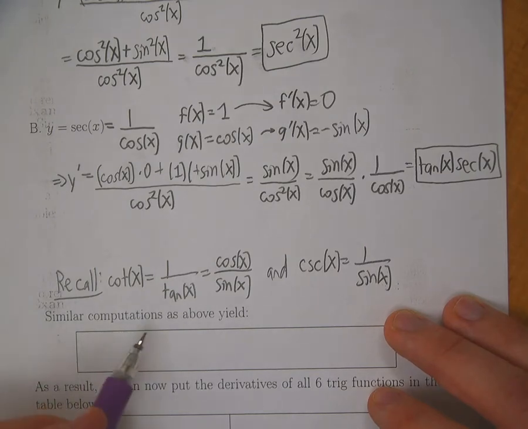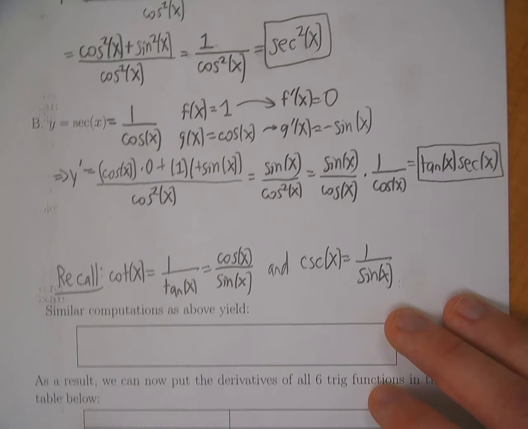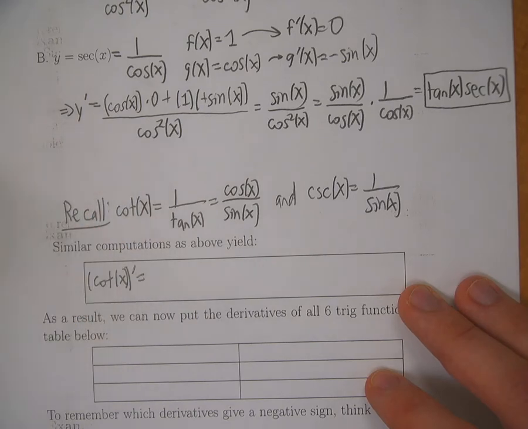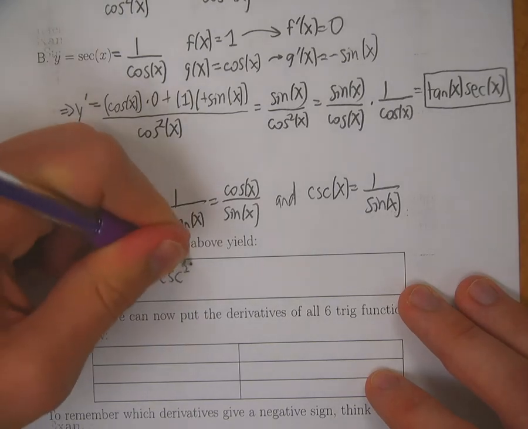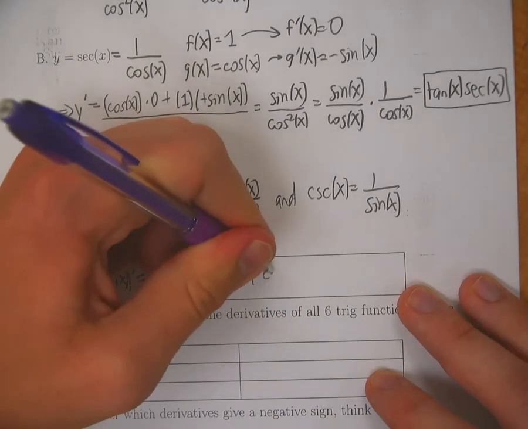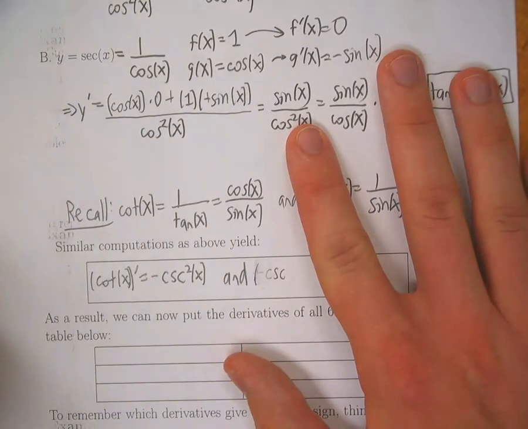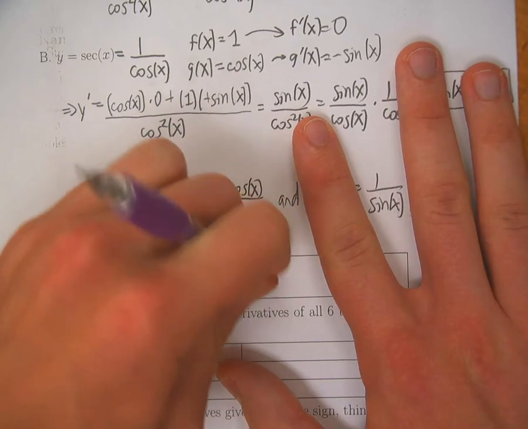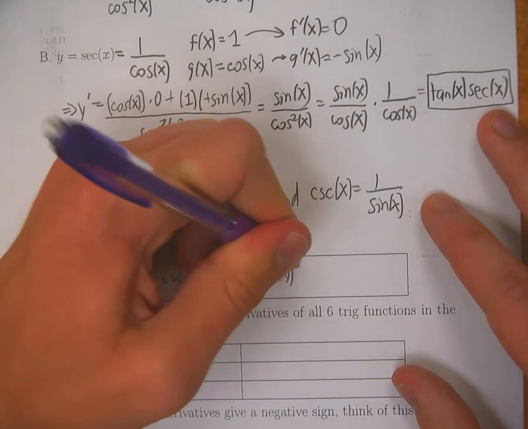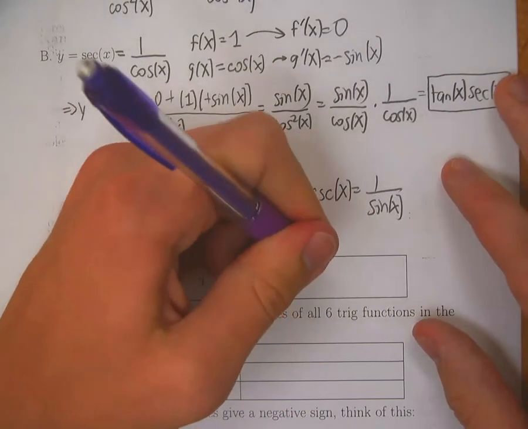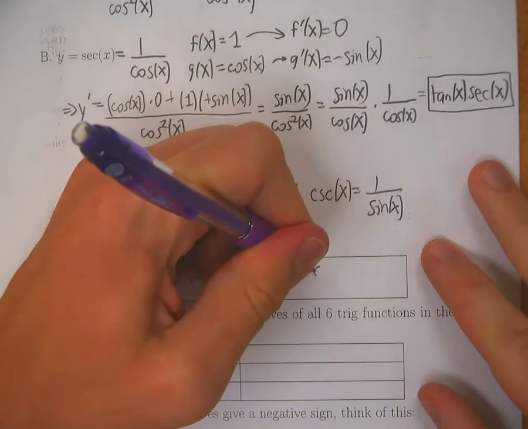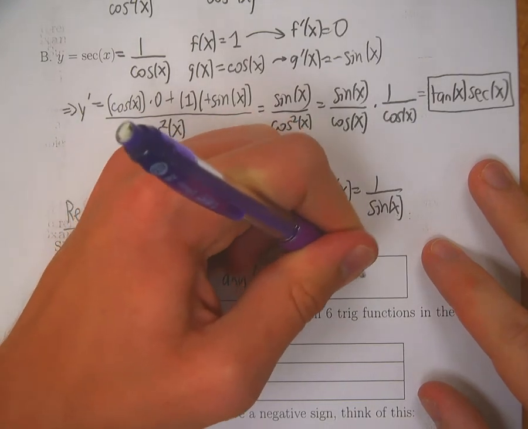If that's the case, then you can use similar computations as above to get that the derivative of cotangent of x is negative cosecant squared of x, and the derivative of cosecant of x is negative cosecant of x times cotangent of x.